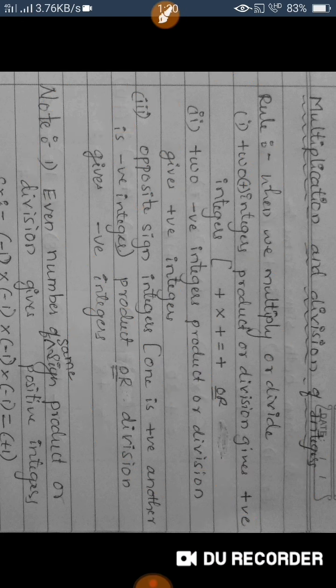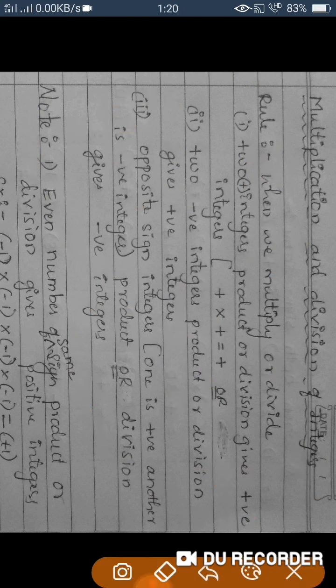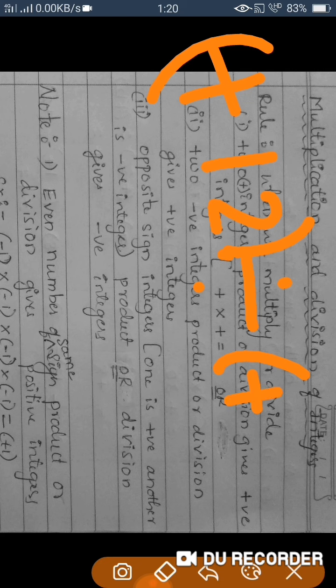If you go for division, what comes? Plus 12 divided by plus 6. Both signs are positive, so just divide. 12 divided by 6 is 2. Both signs are the same, that's why it is plus.